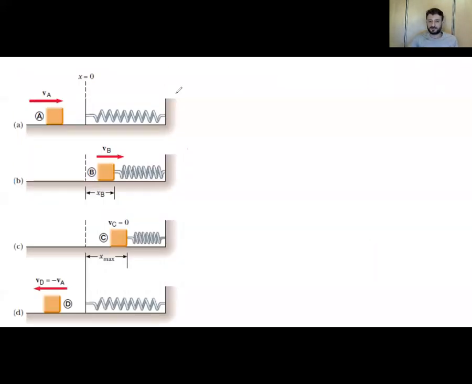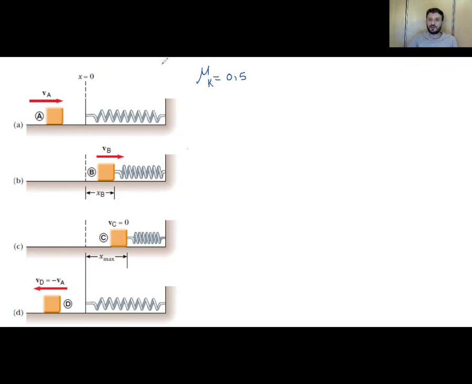Here, what do we have? Here we have mu kinetic equals 0.50.